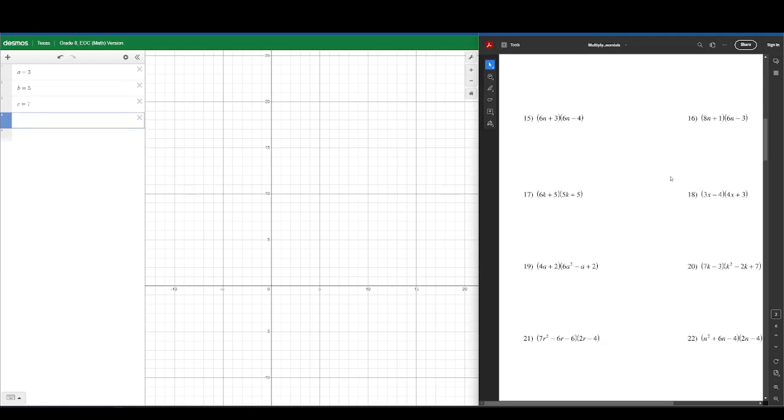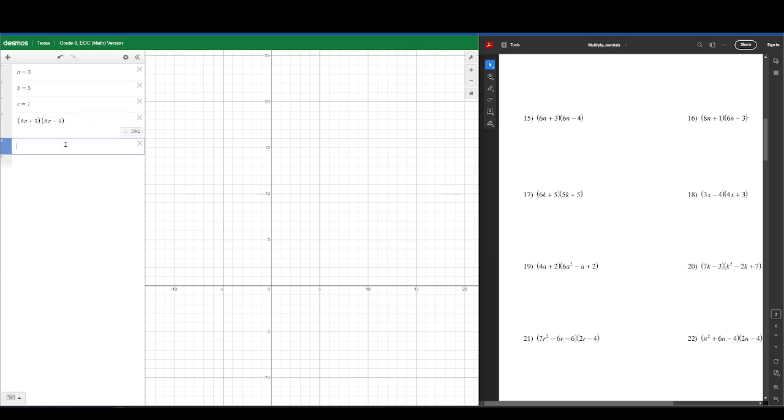Multiplying polynomials is an interesting one because we have two approaches here. One, we can use the same substitution trick. So we'll start there and say I have 6a plus 3 times 6a, same variable, minus 4, and I get 294, doing number 15.